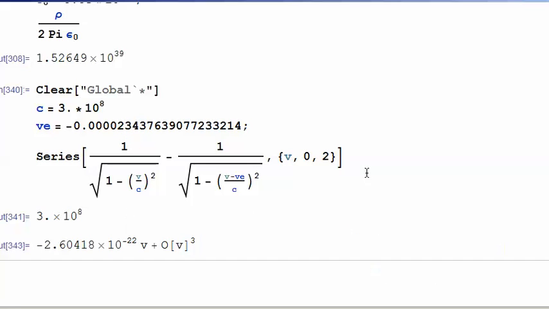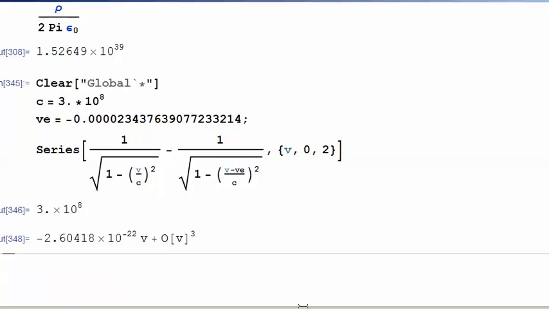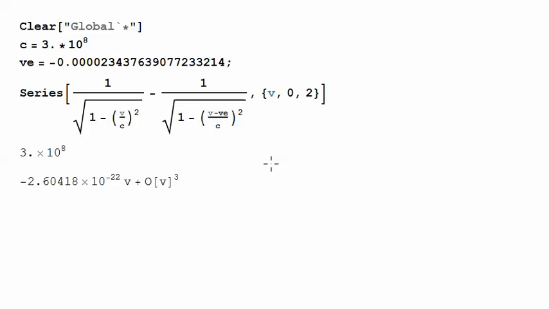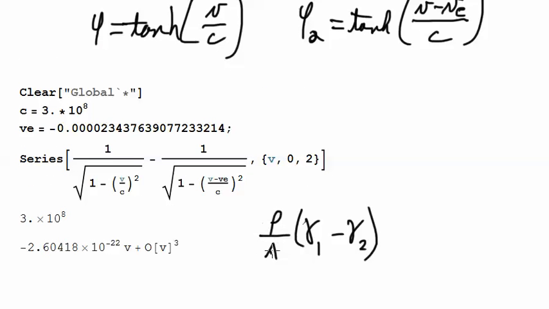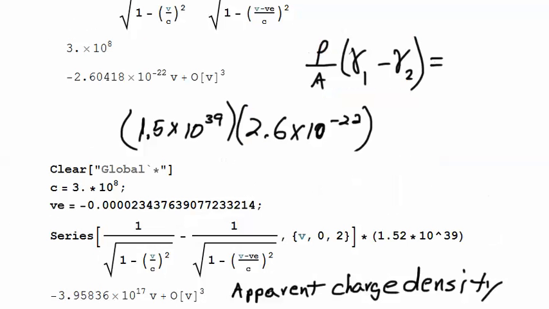And when I plug that into the equation, I come up with a value of about negative 2.6 times 10 to the negative 22nd times the velocity. I think it's not a ratio, it's a subtraction, gamma 1 minus gamma 2, given those particular velocities. We still need to multiply that by rho over A, which was 1.5 times 10 to the 39th, which gives us the apparent charge density.